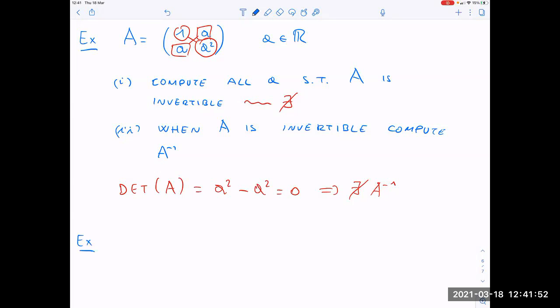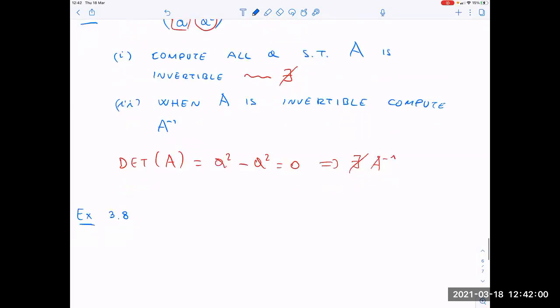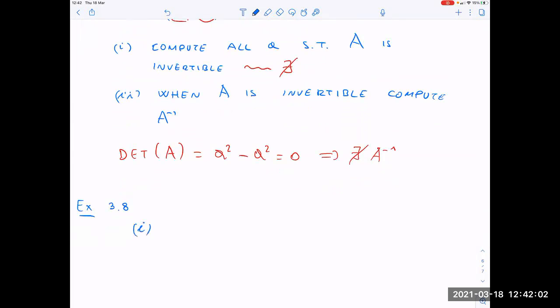Okay, so the other one which I suggested to you, if you don't have questions about what we did up to now, is 3.a, which has two parts. If you look at it, it says that if A to the power n equals 0 for some n, then A is not invertible.